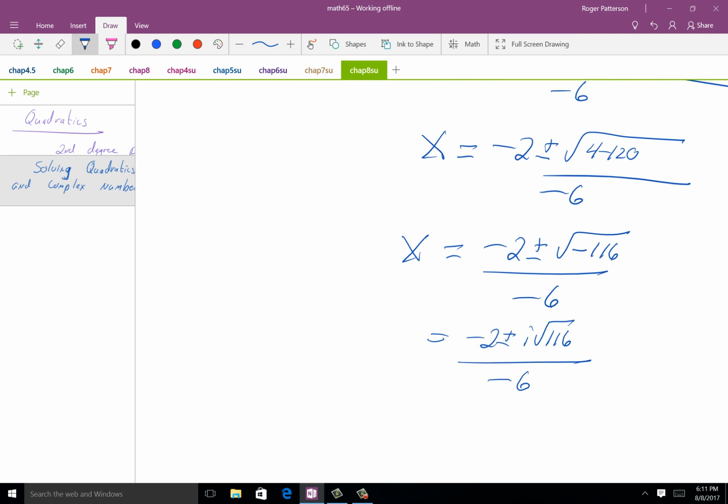Okay, let's see if I can do anything with the 116. I don't think that can be broken down. What goes in? Did you find one that goes in there? What, 2 and 29? Oh, is it 4 times 29 then? Is it really? Oh, how about that?